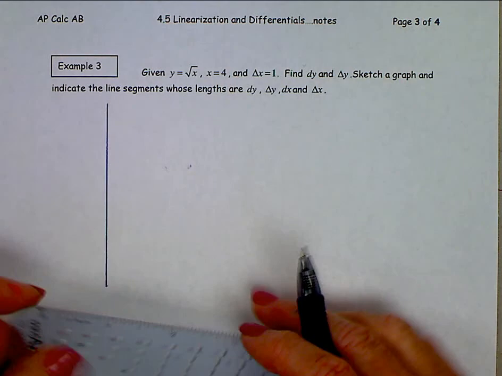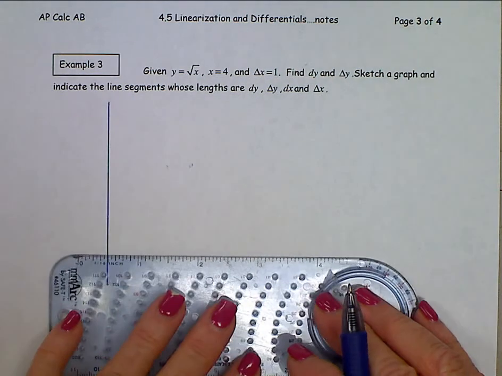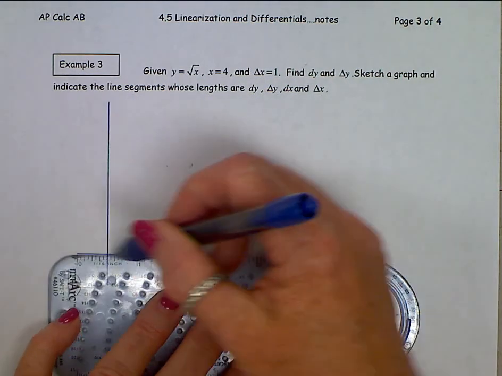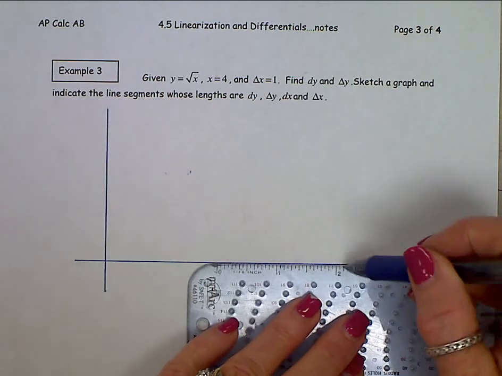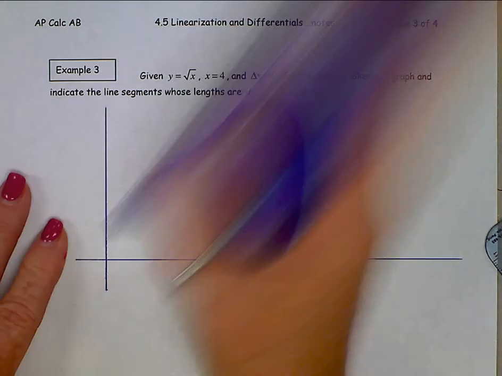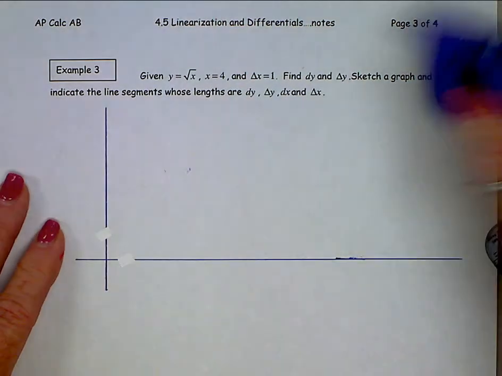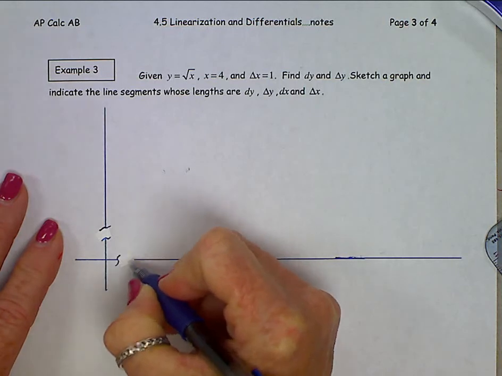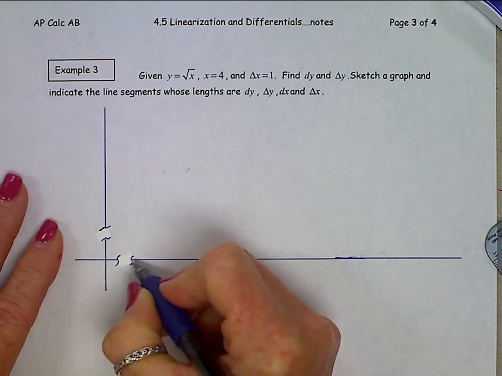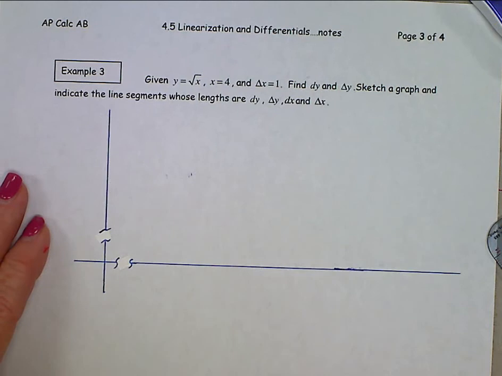When you do these differential graphs, you need to draw them pretty large and very much out of scale. So I'm going to put a break in here. Y equals the square root of x.